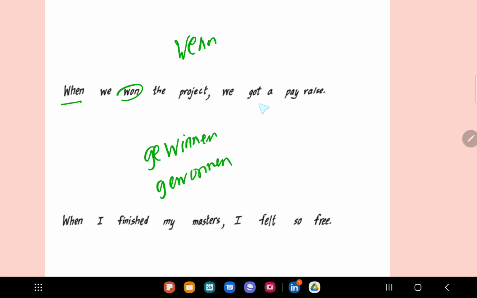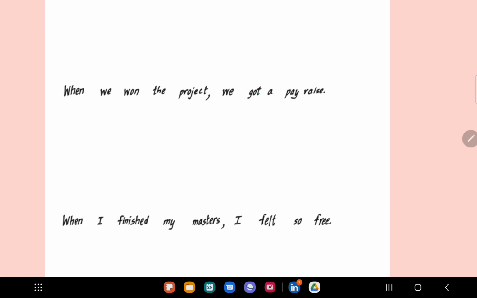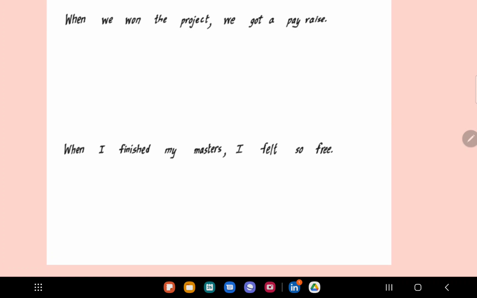Okay, so again bekommen, haben bekommen. Pay raise, so how do you say a pay raise in German? So it is Gehaltserhöhung. And you know the trick, whenever a noun ends with ung, you can be 99.99% sure that it is feminine.